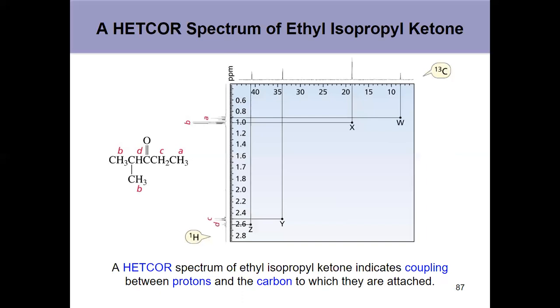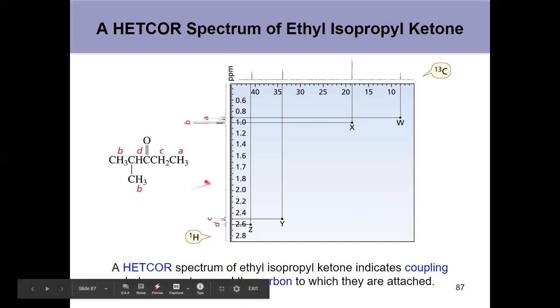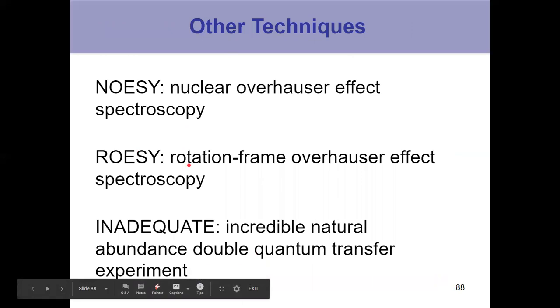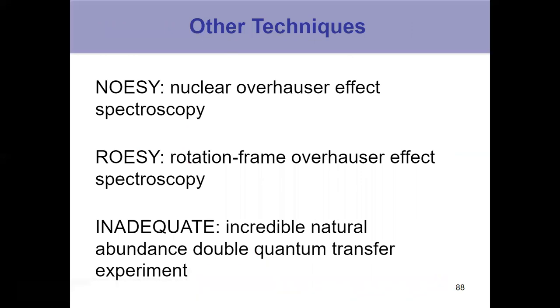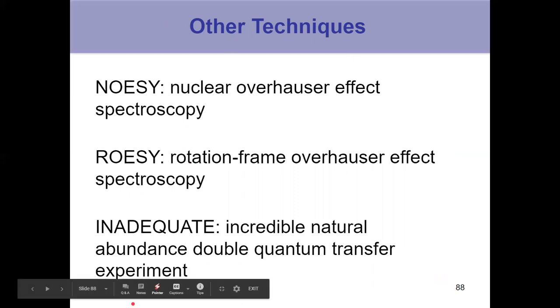We also have HETCOR, heteronuclear correlation spectroscopy. This is where we have carbon and proton shifts correlated with one another. It tells us what hydrogens are attached to what carbons after acquiring both spectra, kind of putting two ideas together. And here we see some other techniques as well, NOESY, ROESY, and INADEQUATE. I told you some of these acronyms get ridiculous.